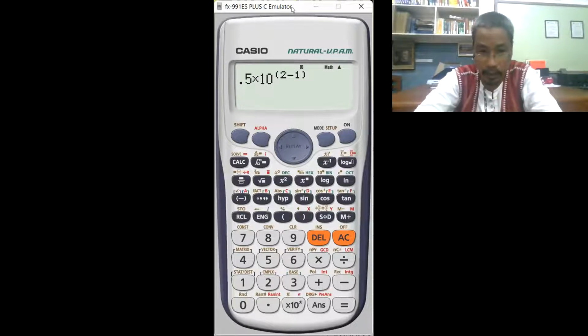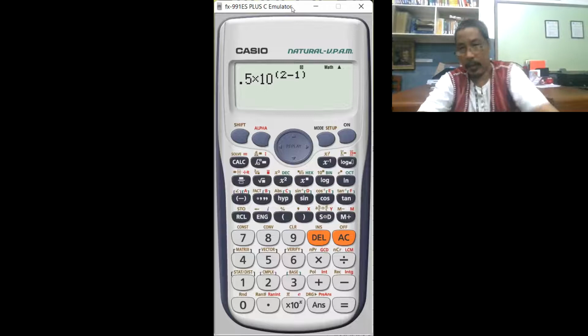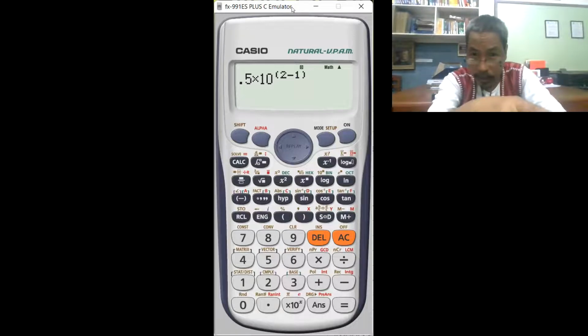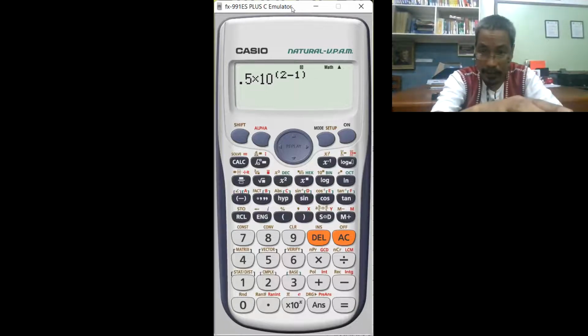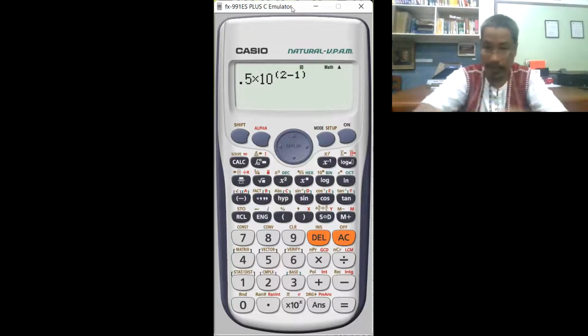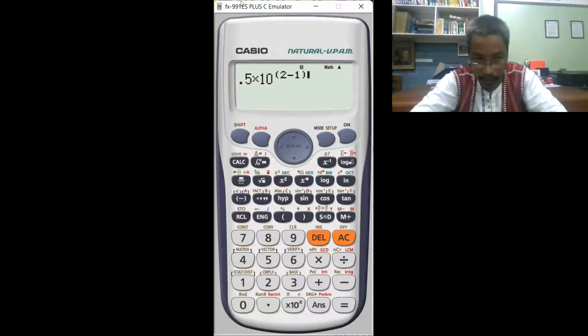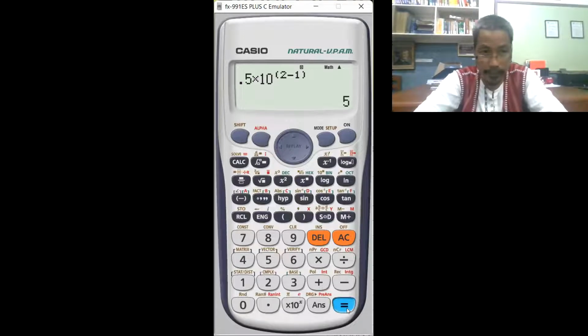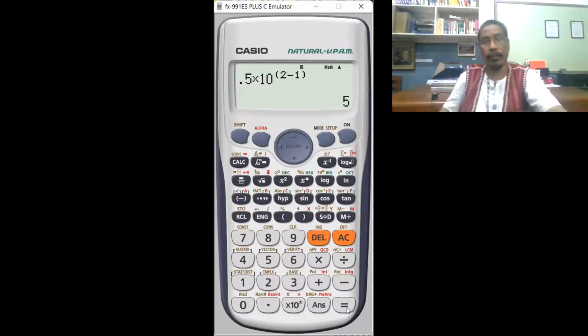Because of that, we can evaluate this expression and compare. This expression must be greater or at least equal. It cannot be less than. Let us find out if this is greater than 0.500417. It is equal to 5.